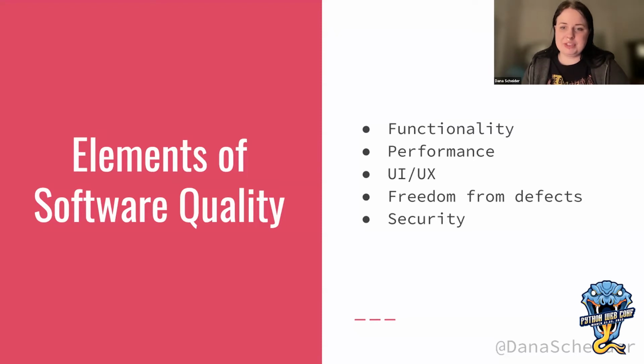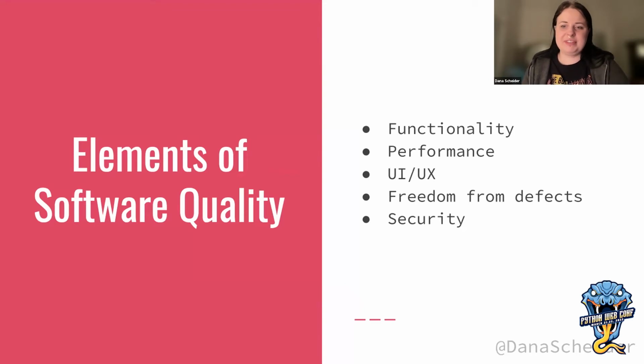UI and UX are really important dimensions of quality that I really want to emphasize here as well. The idea that the side of the dialog box your buttons are on is a dimension of quality. The colors of your UI are a dimension of quality, and so that's an important aspect as well.